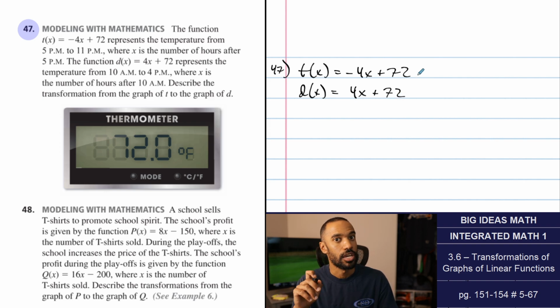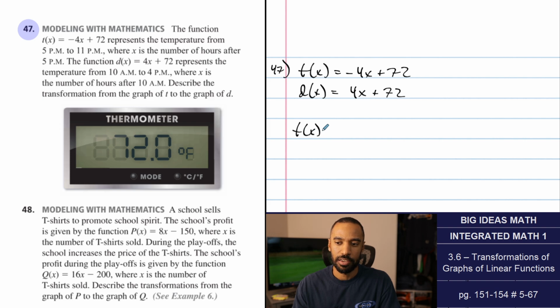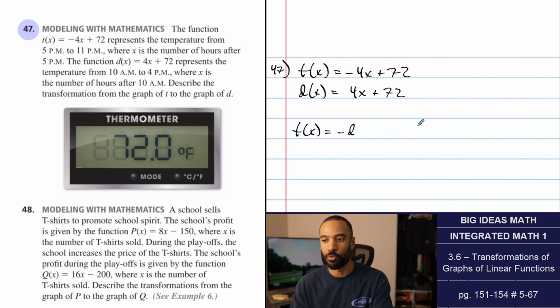Well, I take it back. You can reflect. You're just not reflecting in the y-axis. If you said t of x is negative d of x, that wouldn't work because that would be positive 4x minus 72. You would have to change both signs.